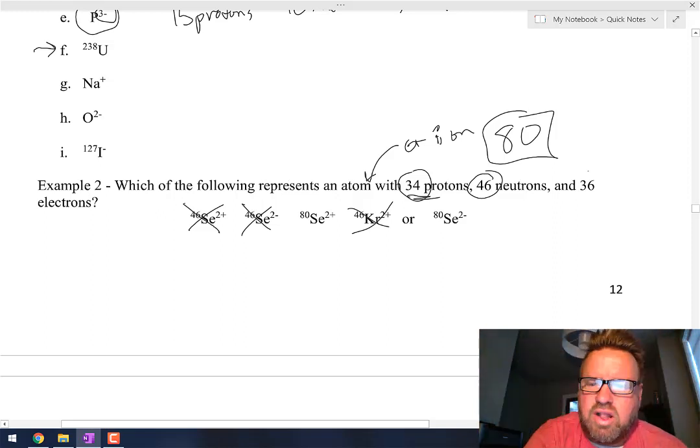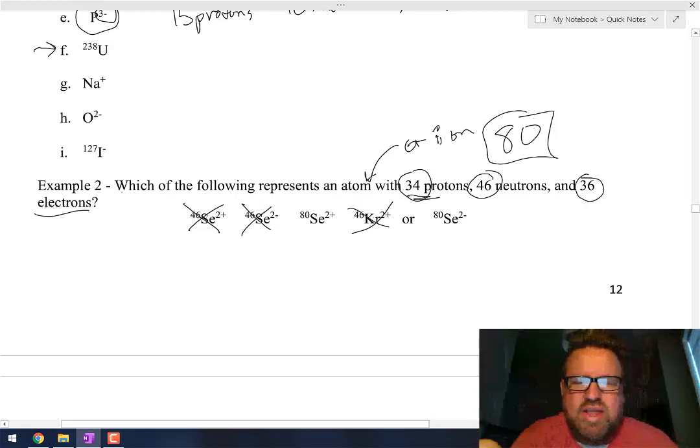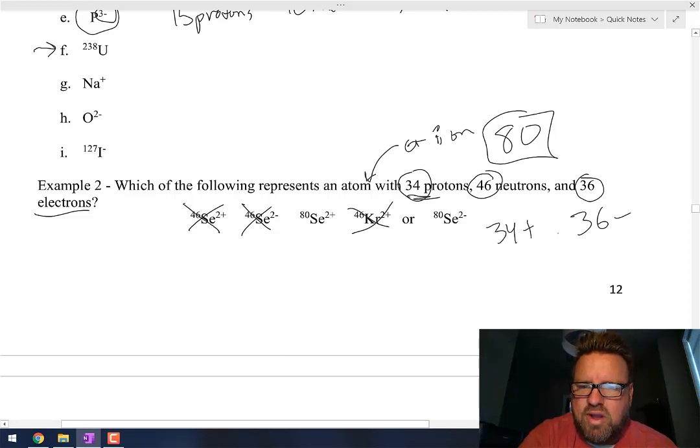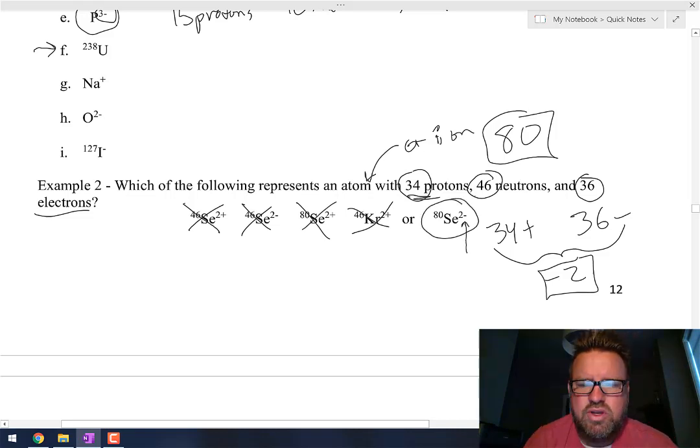And then our last one says it has 36 electrons, and 36 electrons means there are 36 negative charges. There's only 34 positive charges. Put those two together, what do you get? You get -2. That means it has to have a charge of -2. That one is out. It must be the one that has the -2 charge. And that is it for ions.